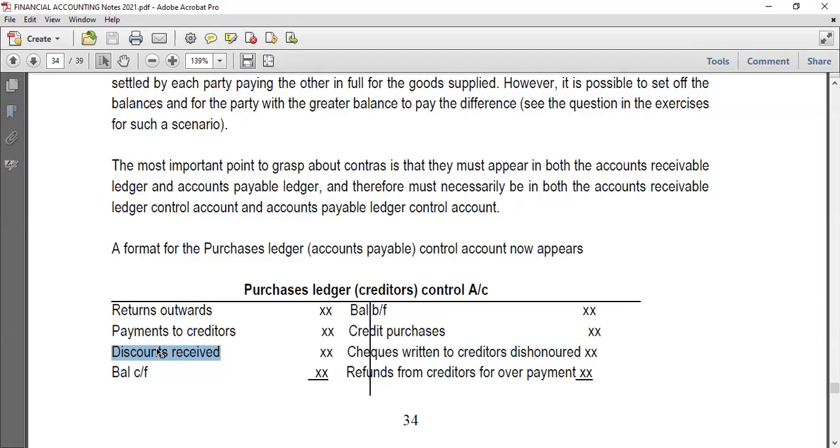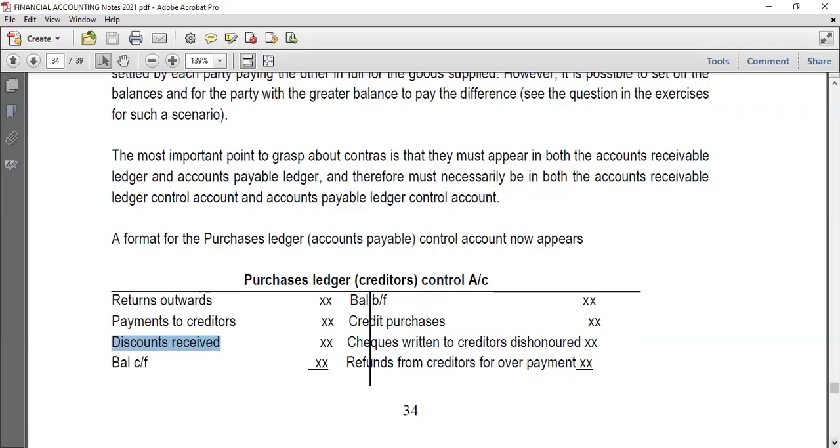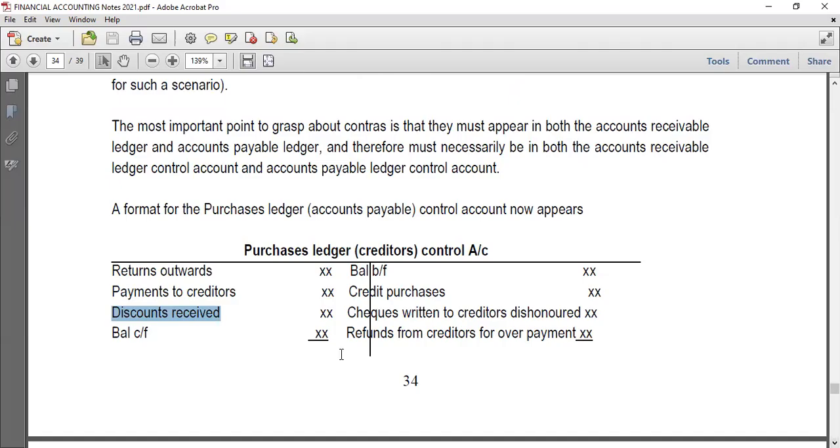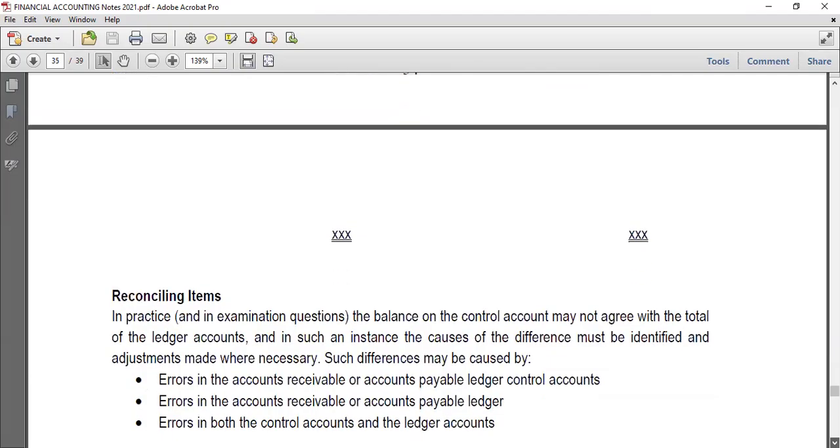Every time we receive a discount from our suppliers, it means that the balance you should pay to that supplier is also reducing. And that is why we debit it, because it reduces what we should pay. So that is basically what happens. And then we just balance it off as our control account right there, okay?